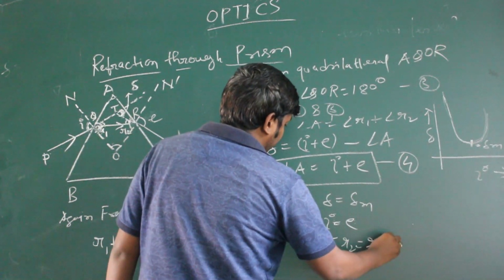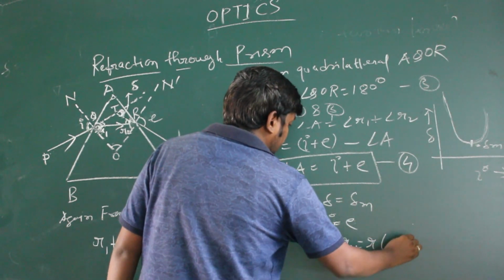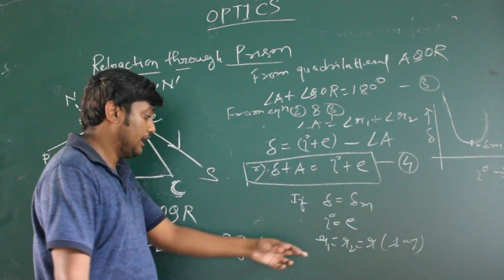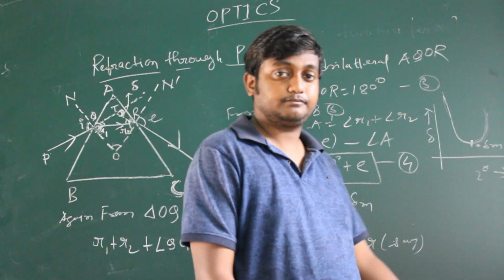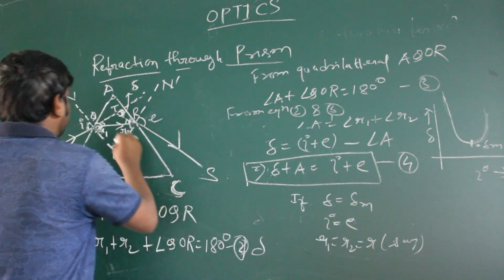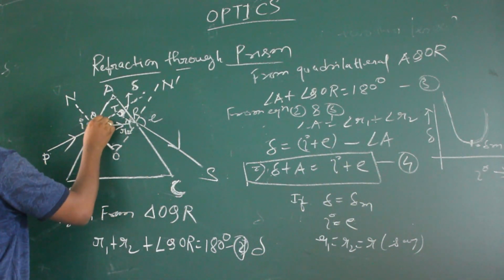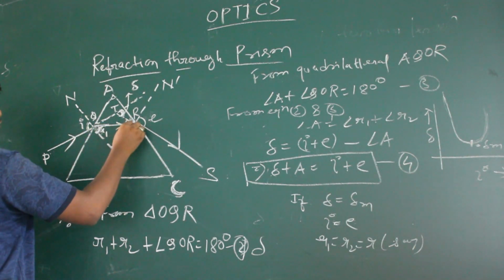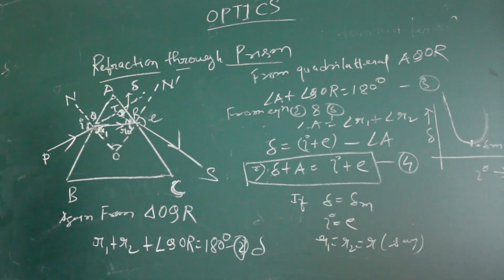Suppose we consider R. At minimum angle of deviation, R1 also equals R2. That means this angle will be equal to this one, and this angle equals this one when the angle of deviation is minimum.